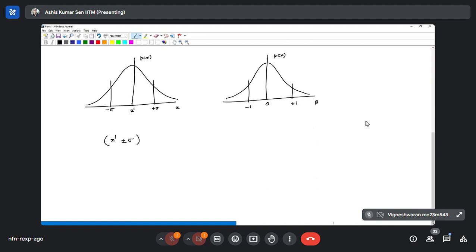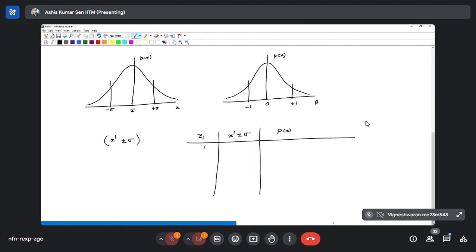So if I can make a table, I can say my z1, then the corresponding x prime plus minus sigma, then the probability px, which is the area under the curve.